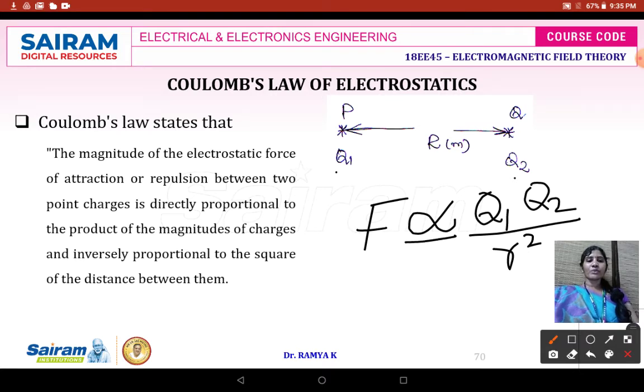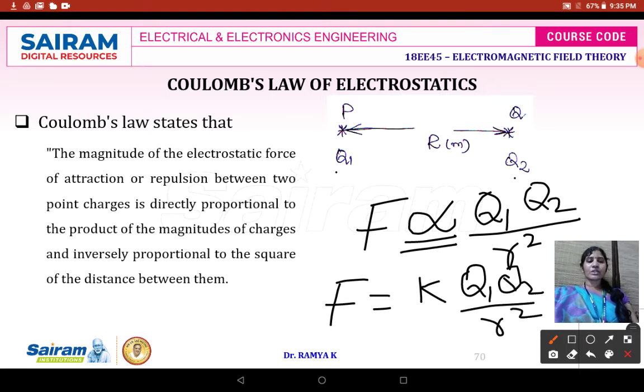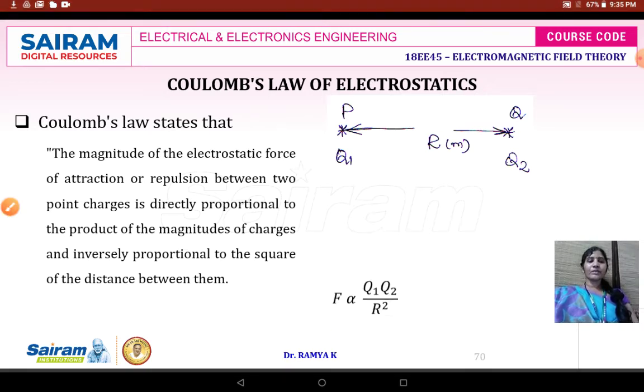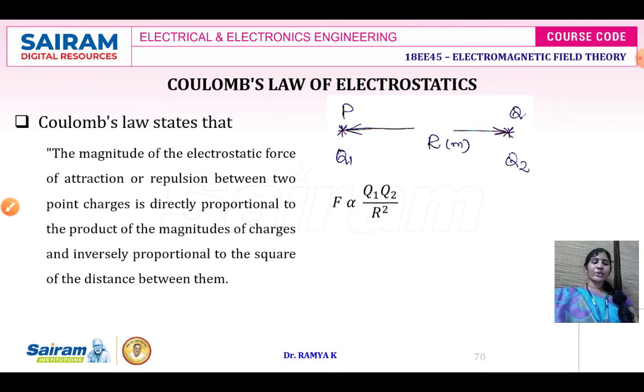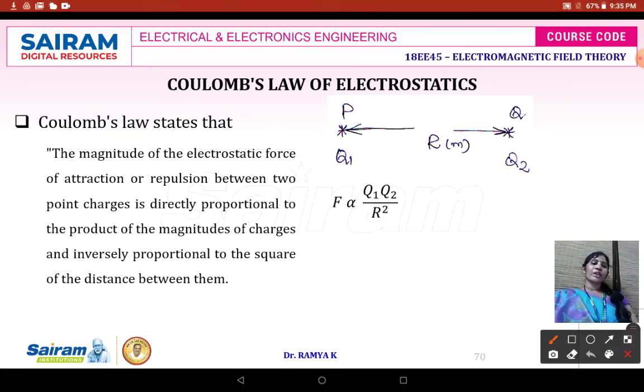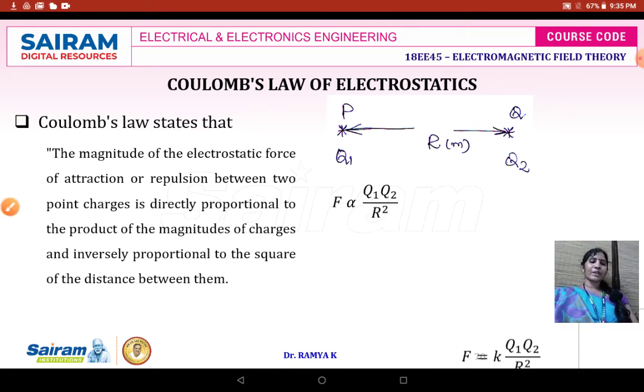To remove this proportionality, I am going to multiply it with a constant called K. That is, K is your proportionality constant, Q1 Q2 divided by r squared. So F is proportional to Q1 into Q2 divided by r squared.